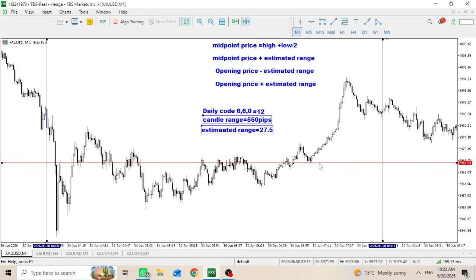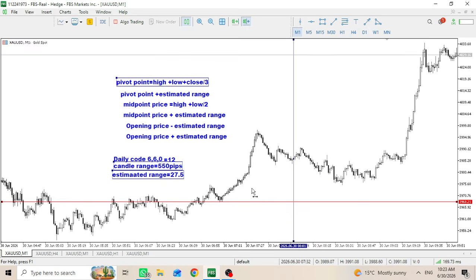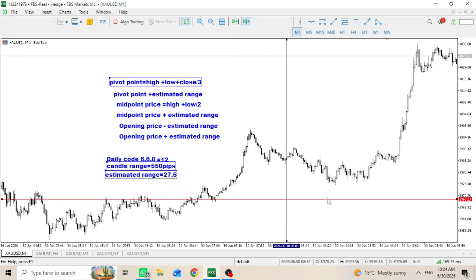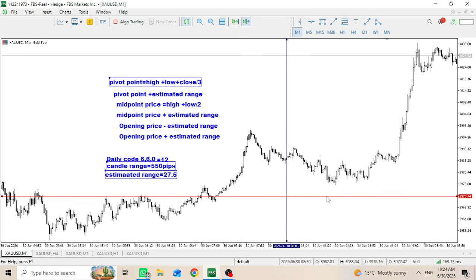Where is that 3970? That is the midpoint, and it is here.